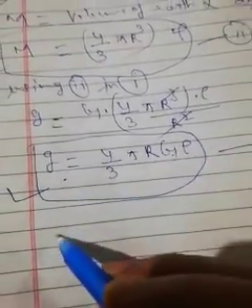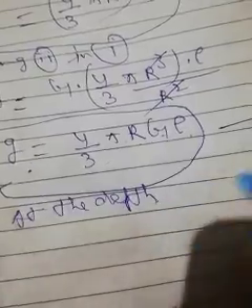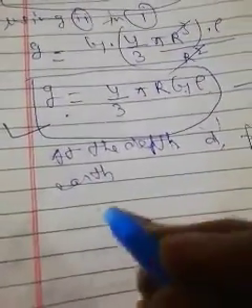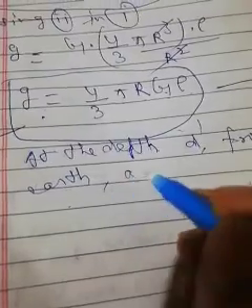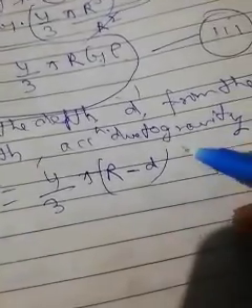So at depth d from the surface of Earth, the acceleration due to gravity is gd.